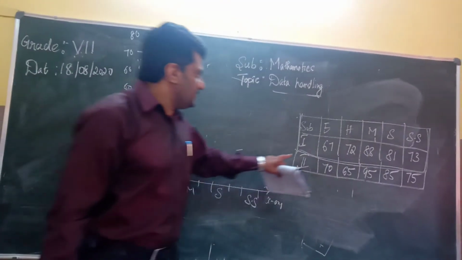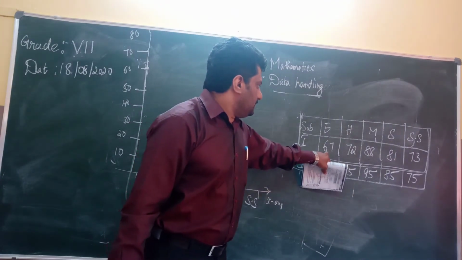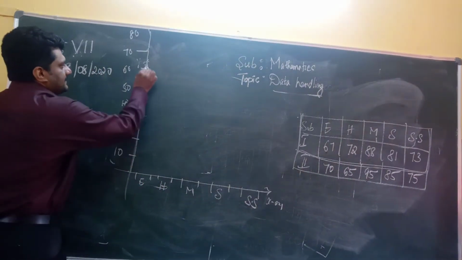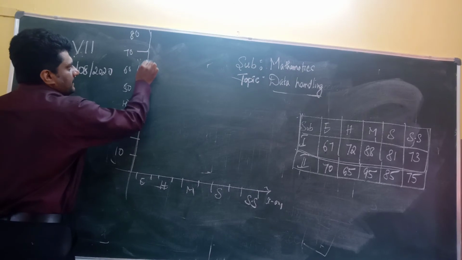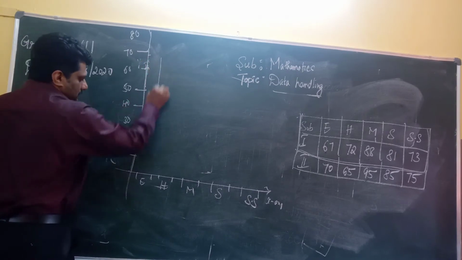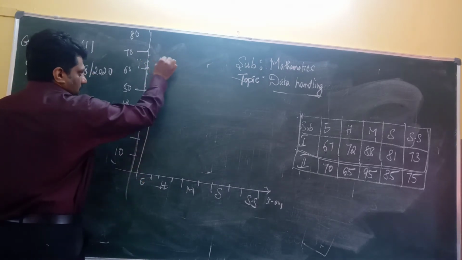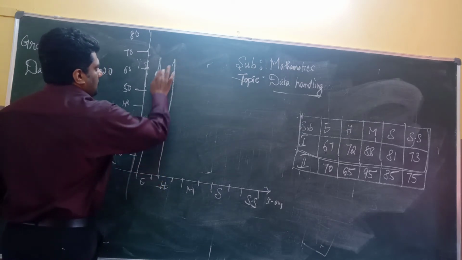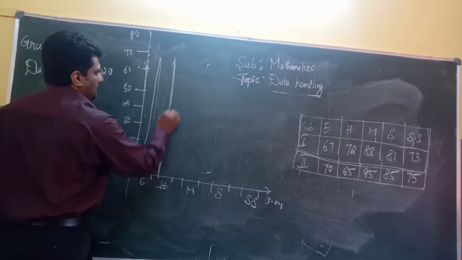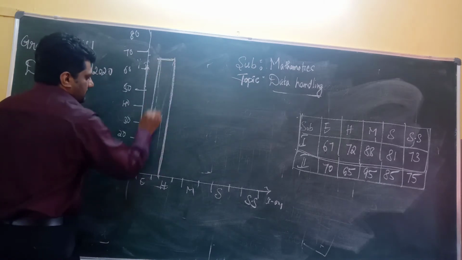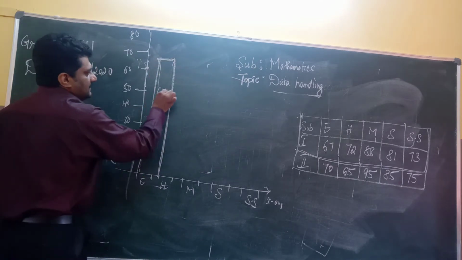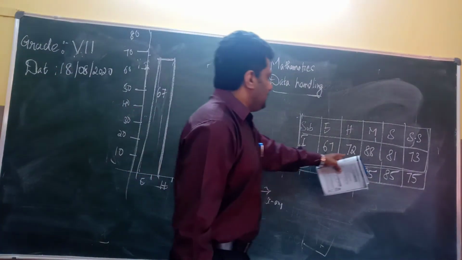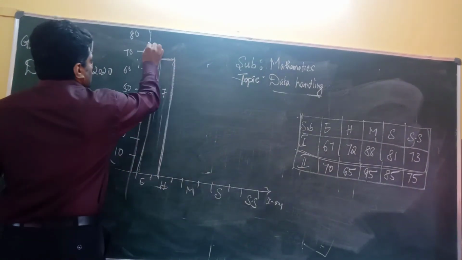Now here, what is the first one we have? English 67. If you see here, 67 comes between 60 and 70. Okay. Now this will be 67. The second one, 72. It comes here.